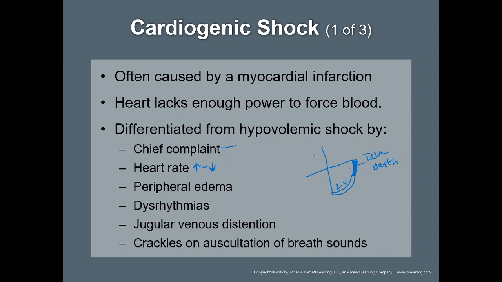And remember, like I said, if this is your SA node, your AV node, let me get a different color pen so you can see what I'm talking about. Okay, so SA node here, AV node. We're going to come down here, bundle of His, and then we're going to go around these Purkinje fibers that surround the ventricles.